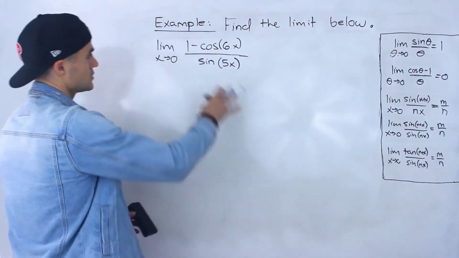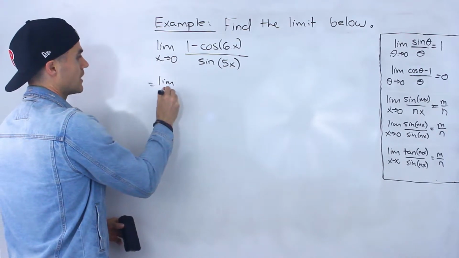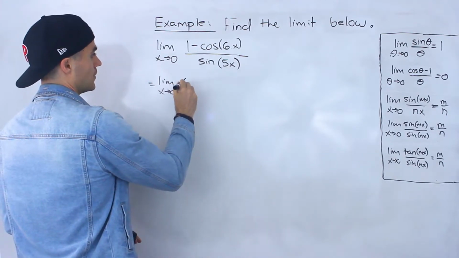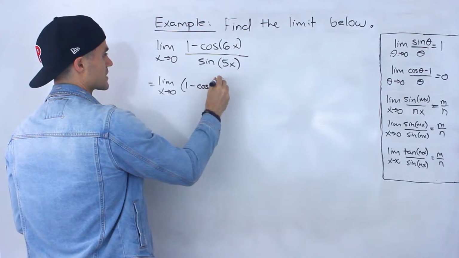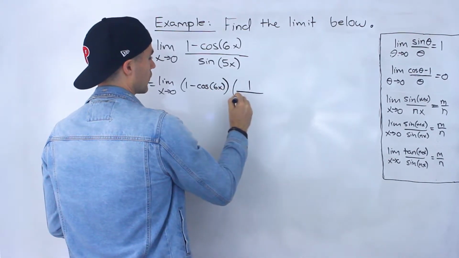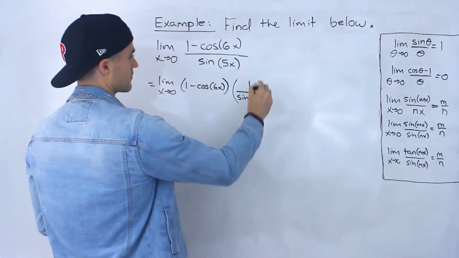So the first thing I'm going to do is take this limit and split it up into two separate expressions. So I'm going to have 1 minus cos of 6x times 1 over sine of 5x.